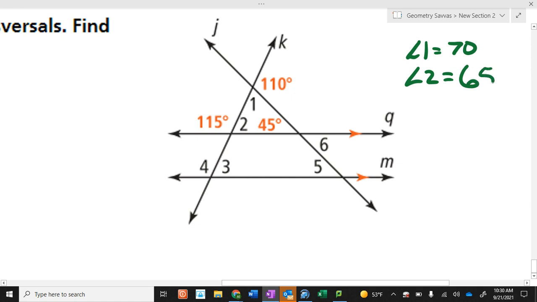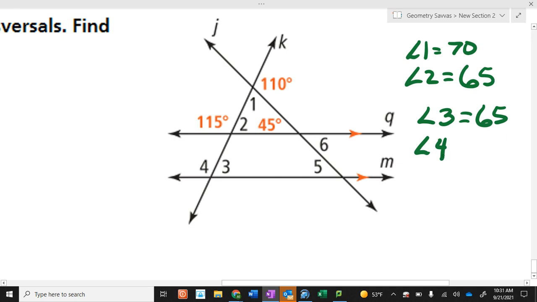So that's 65. Angle 3. Why is it 65? 2 and 3 are corresponding. They're corresponding, so it makes them congruent. Okay.